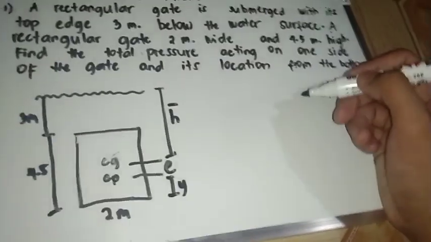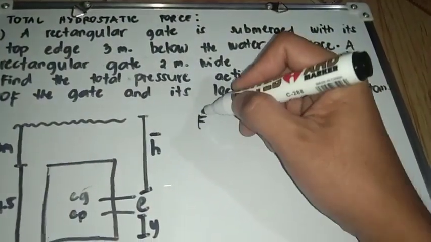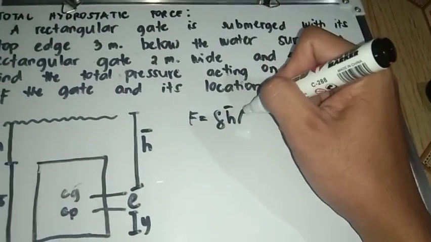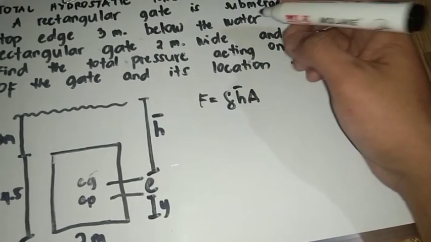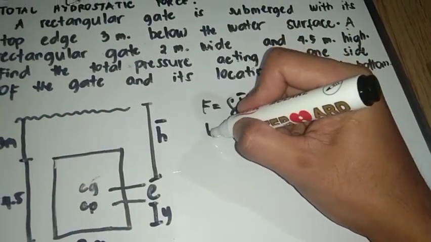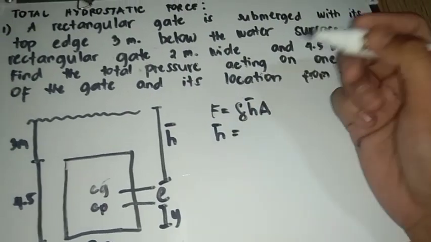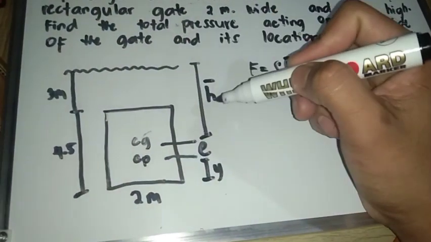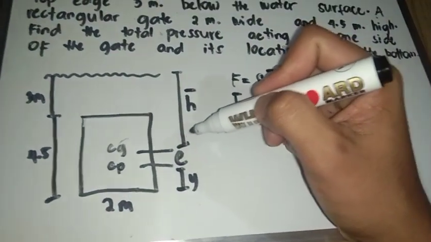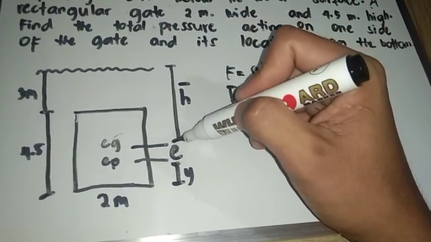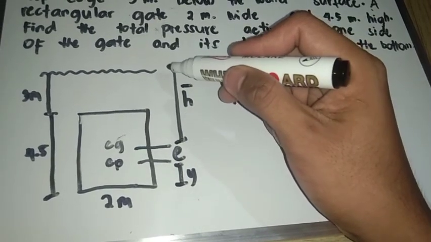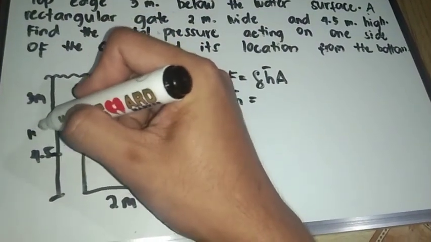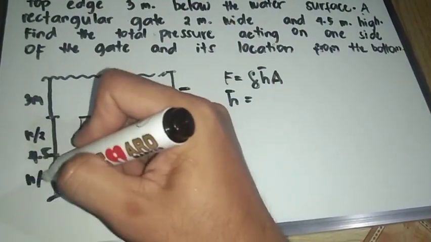So the formula that we use is force is equals to the unit weight times bar H times the area. So first, we must find bar H. In this illustration, the bar H is from CG to the water surface. So this is H over 2 and H over 2.